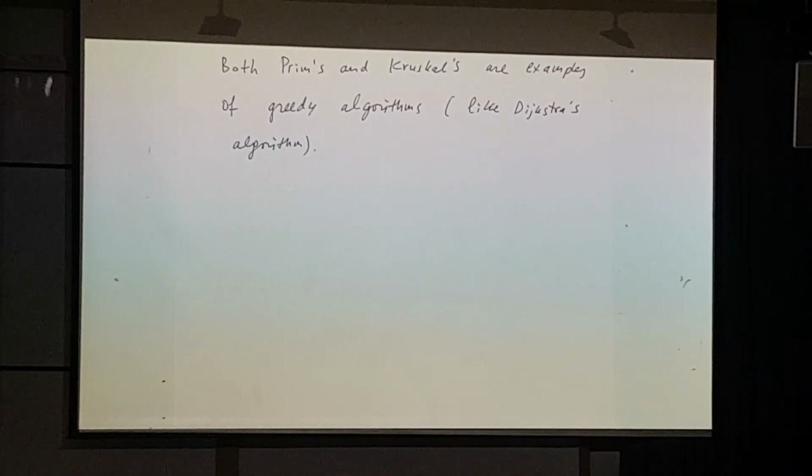But so both are greedy algorithms, and as I said, Kruskal's may look simpler, but this is really a false impression due to looking at small graphs, right? I've drawn a small graph, and it's easy to scan it to find the minimal weights. But imagine that you had a huge graph with thousands or millions of vertices and edges, then Kruskal's would be in trouble, because to find your next available option, you have to scan the entire graph, right?